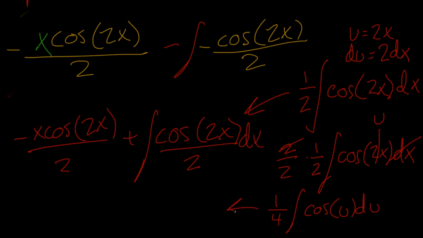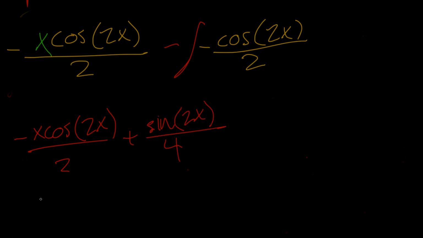And that is just equal to sine of u, which we said was 2x, divided by 4, because that's where that 4 comes in. So this integral right here is sine of 2x divided by 4. And if we clean this up, we get this entire thing as our final integral.